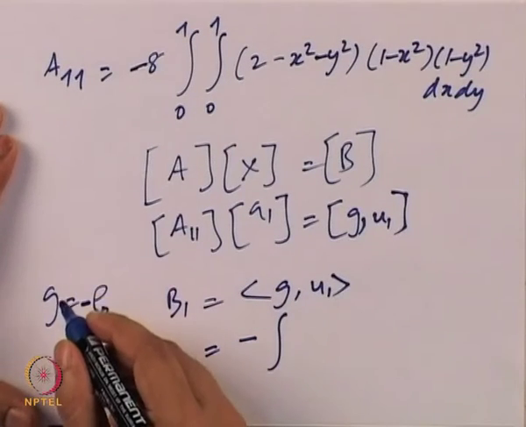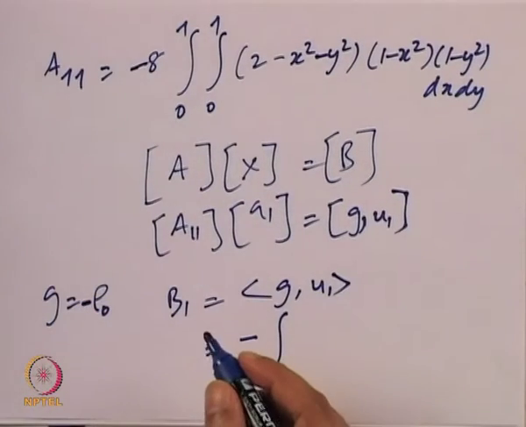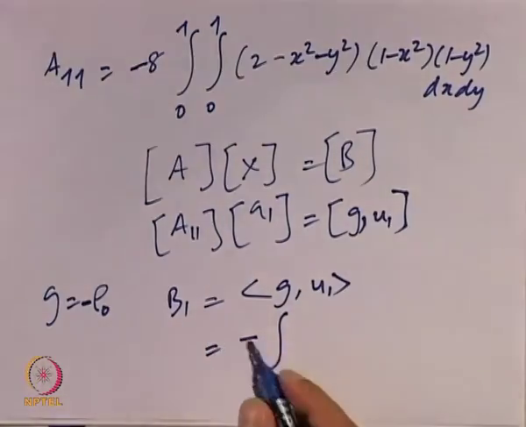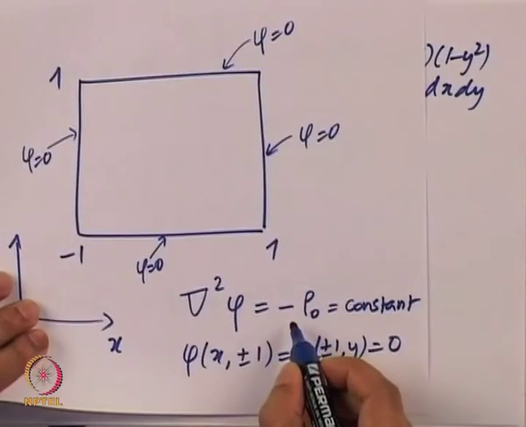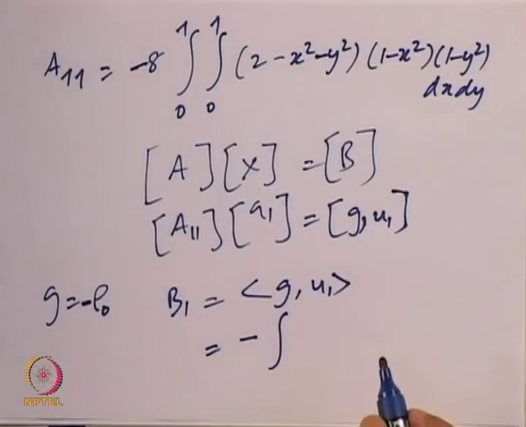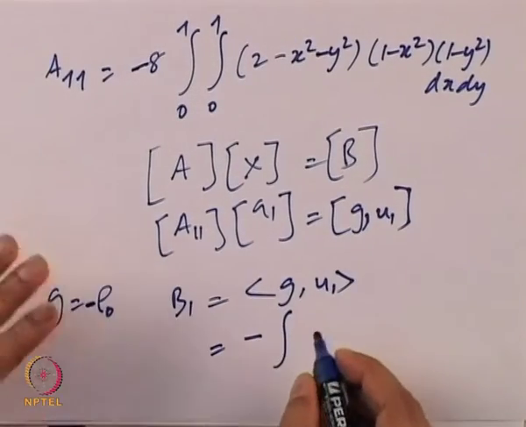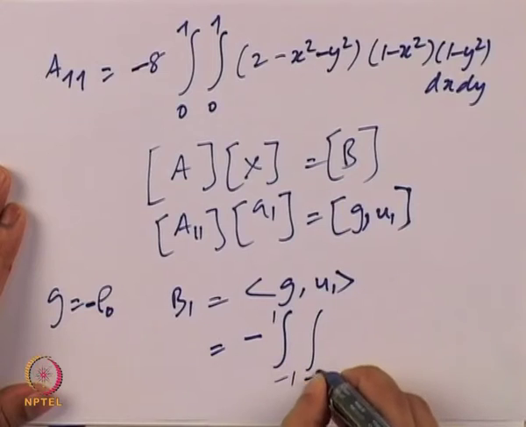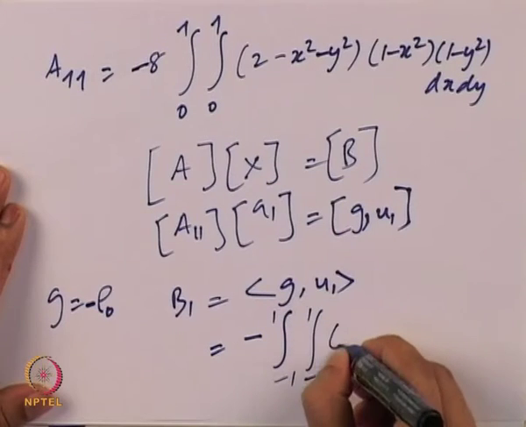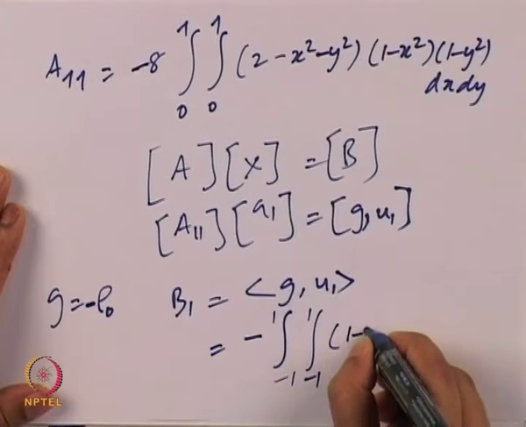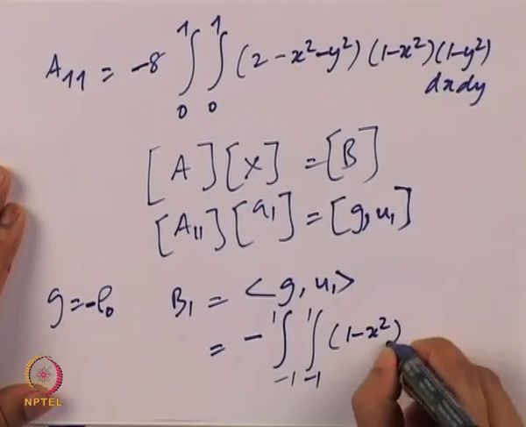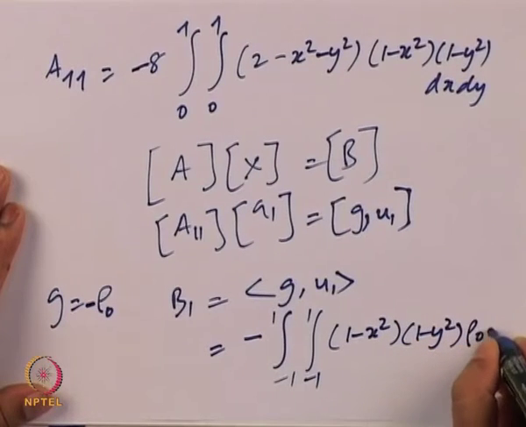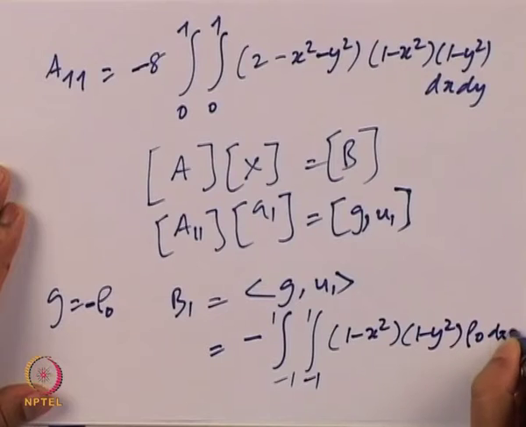That is how we defined the problem initially. The problem definition is the Poisson equation, and the Poisson equation has a minus sign here. So that minus sign should be the value of G here. So the minus sign comes out, minus 1 to 1, minus 1 to 1, 1 minus x square, 1 minus y square, rho naught dx dy.